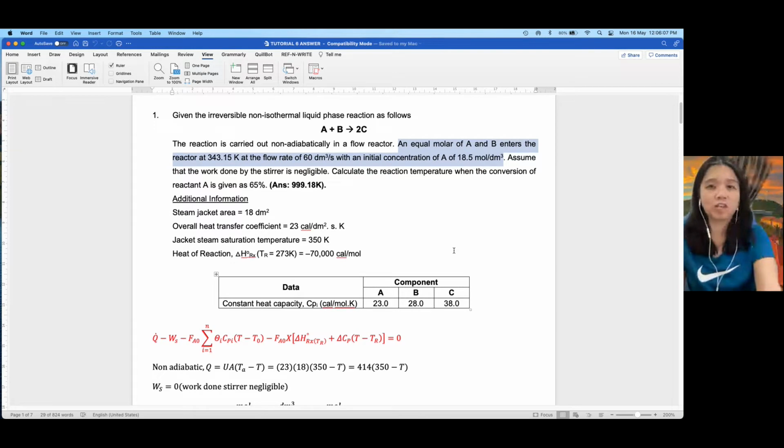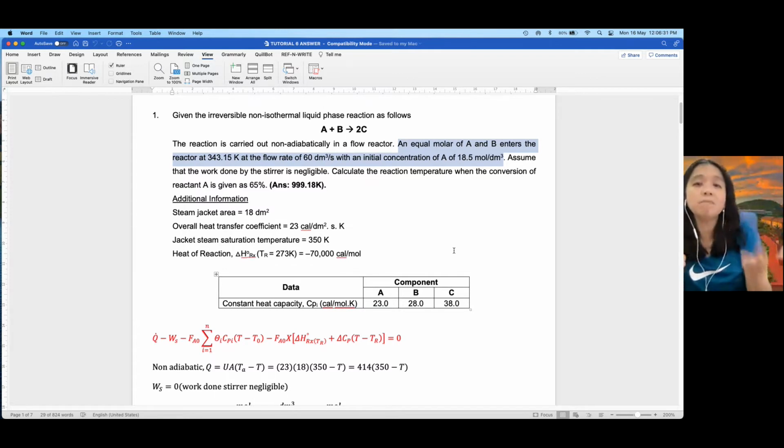Equimolar means initially you have an unknown molarity of A and B. We do not know how much this molarity or concentration is, but we know that it is equal molar. Let's say it can be 2 molar A, 2 molar B, or 4 molar A, 4 molar B, but we do not know this amount. However, from this amount, you can know the mole percentage or the mole fraction.